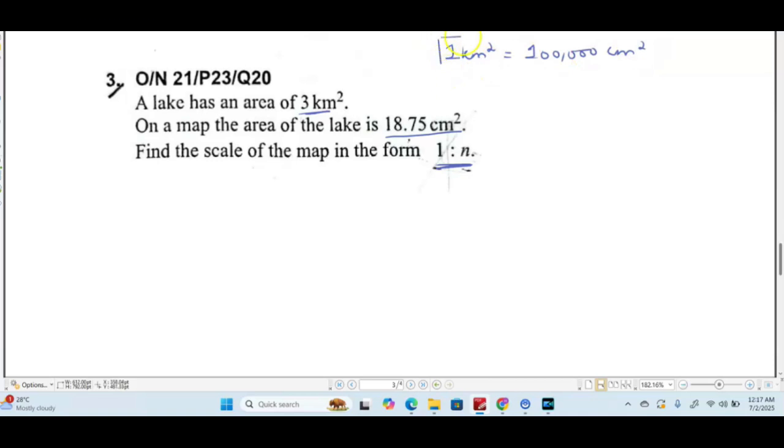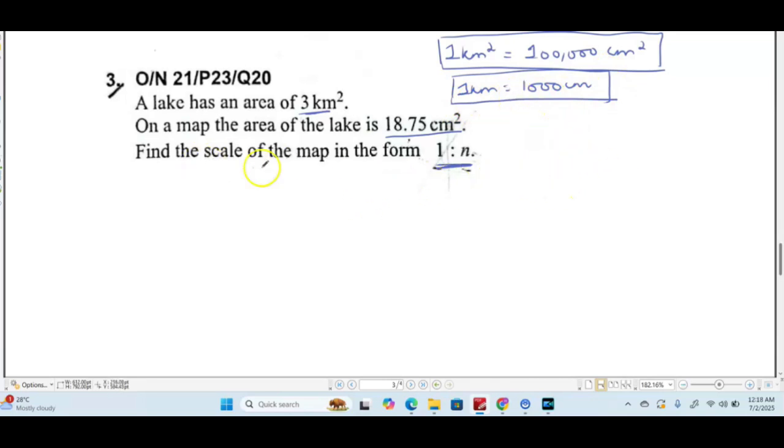If you know and learn this relationship, you will be able to do any question with ease, because most of the times we are given questions that have a relationship between kilometer square and centimeter squares, or centimeter or kilometer. So you need to know that 1 kilometer square is equal to 100,000 centimeter squares and 1 kilometer is equal to 1,000 centimeters. If you know this, you will be able to do all the questions very easily.